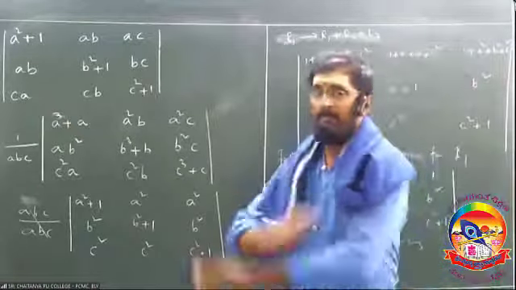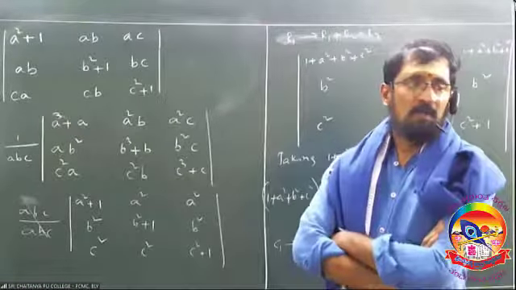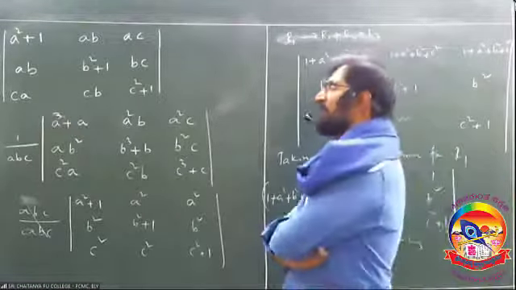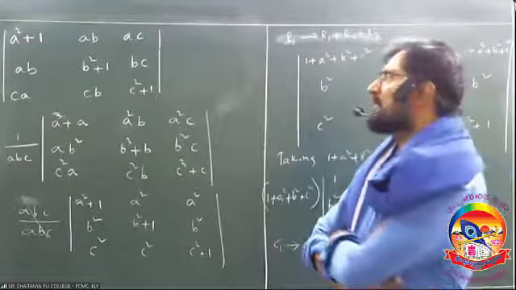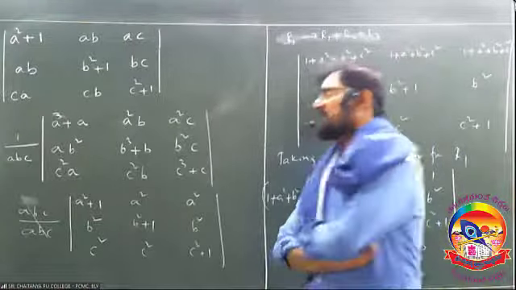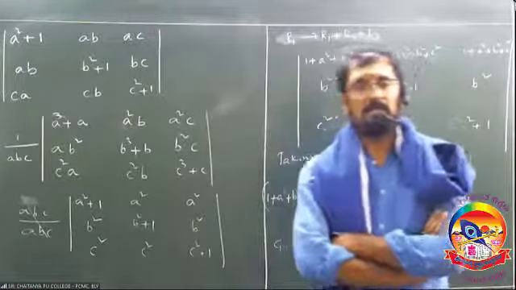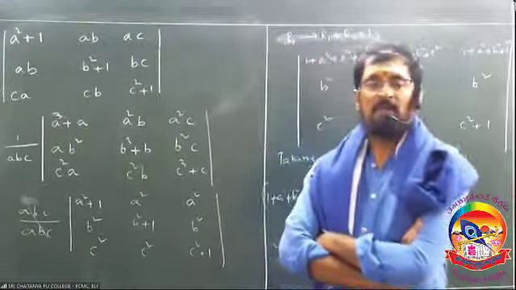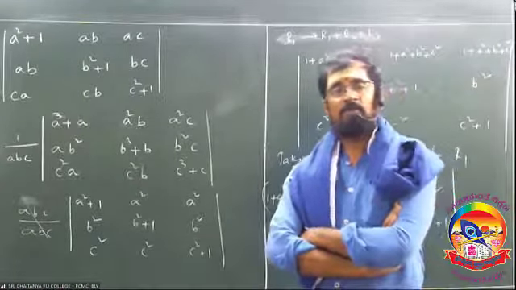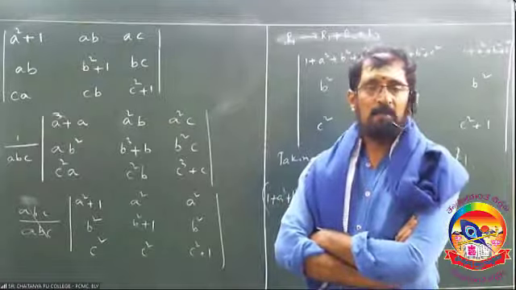First of all, observe the LHS. In the left hand side, A square plus 1 is the first element, AB is the next element, AC is the next element. In these three, if I want to take A common, there should not be one, right?